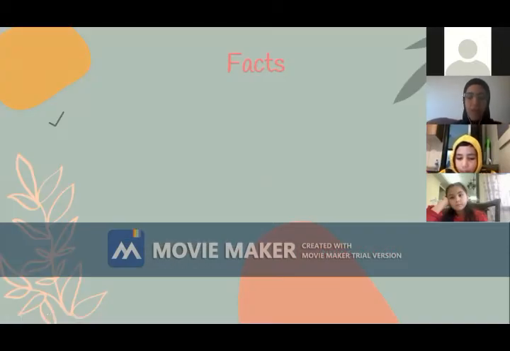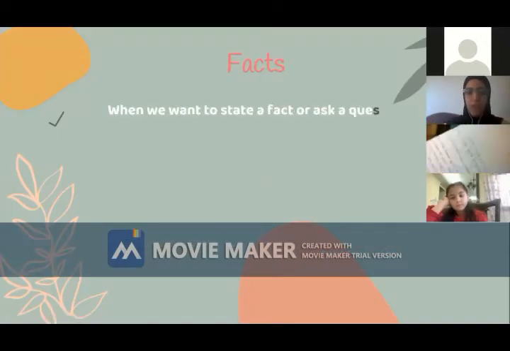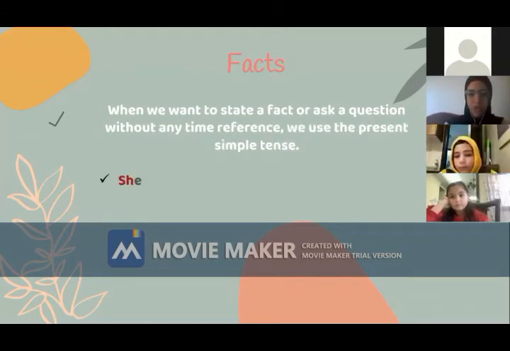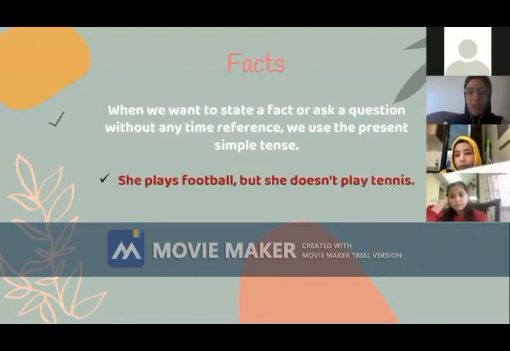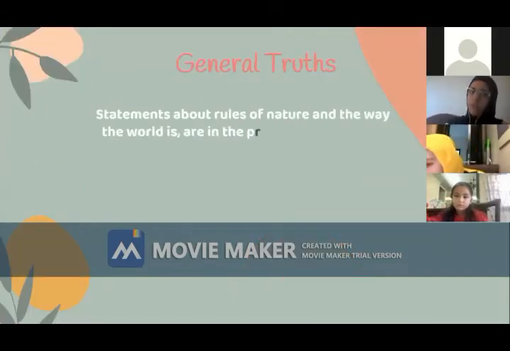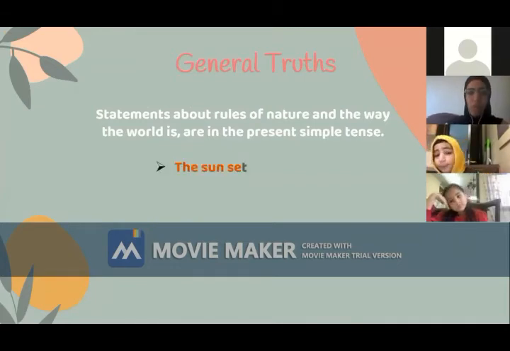We said facts. What do we mean by facts? Only real information. For example, she plays football, but she doesn't play tennis. This is real about her. I am a teacher. I teach English. She teaches Arabic. This is a fact, real information. General truths are rules about nature, life, and science.